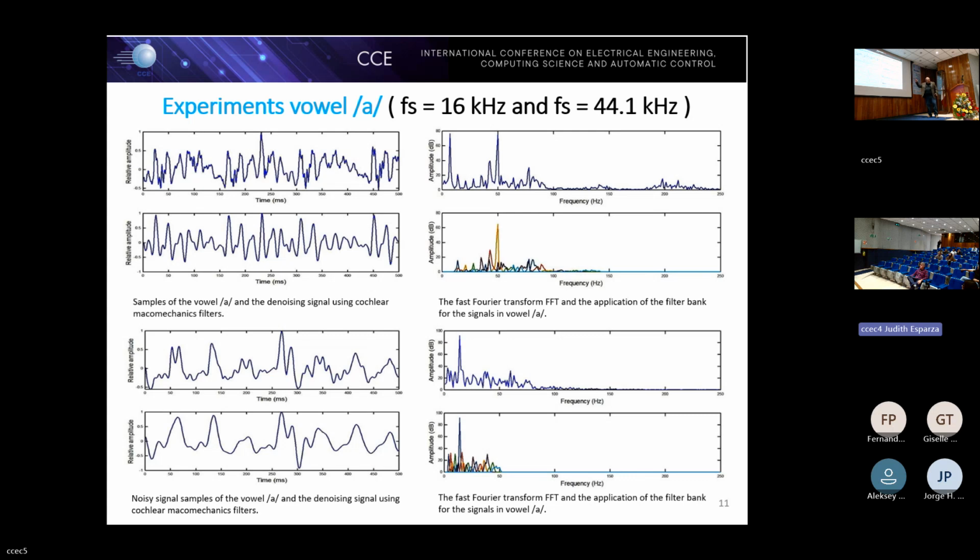After the fast Fourier transform, when I reconstruct the signal, after I remove this part of the spectrum, the result is normalized to 1. You can see 1 and minus 1. This is done to compare both signals in similar conditions.